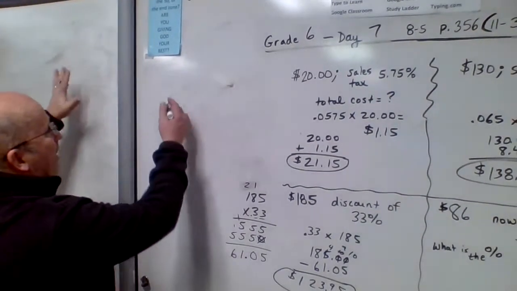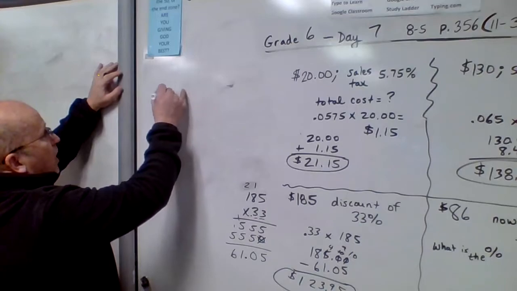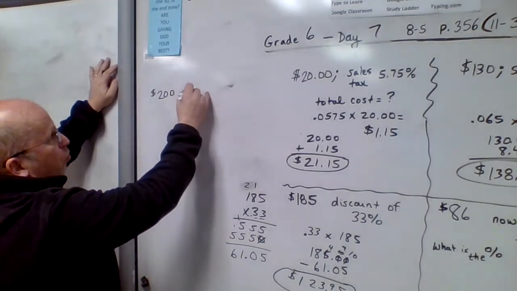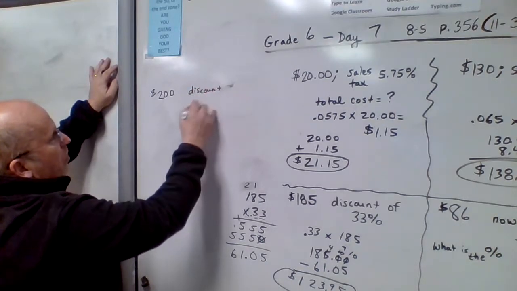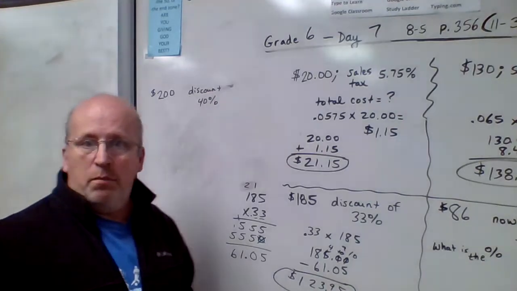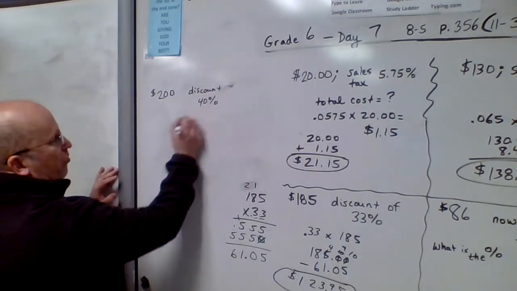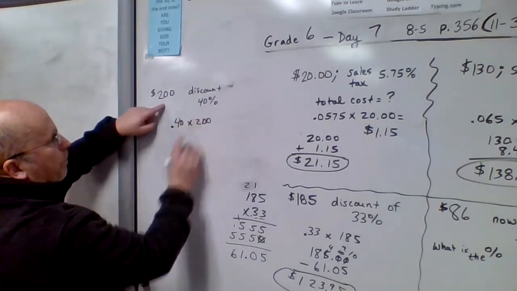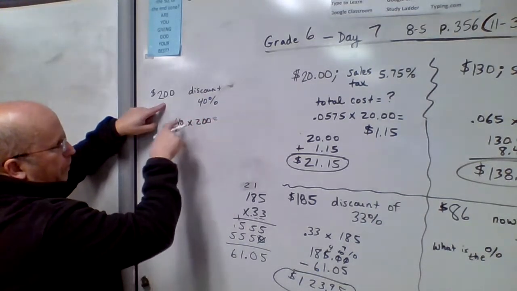What if I have an item that costs me $200, but I find out that the store is willing to discount the price 40%? What would be the new price of the item? Well, first, we're going to change this into that decimal number and multiply it by the price of the item. This is a pretty easy problem.